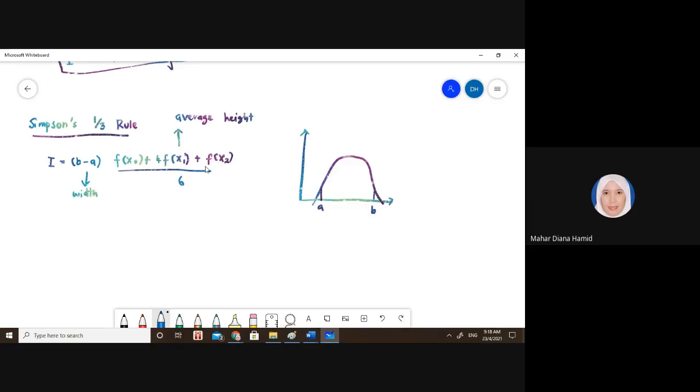So this is A, B, and then we are going to divide this by 3 segments because it's the 1/3 rule.